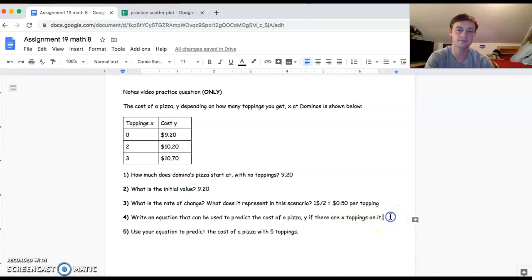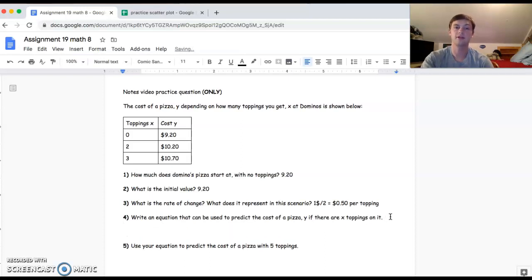Alright? So now it says, number 4, write an equation that can be used to predict the cost of a pizza, y, if there are x toppings on it. So we're going to write a linear equation, and linear equations have a particular format. They're always y equals rate of change times x plus the initial value.